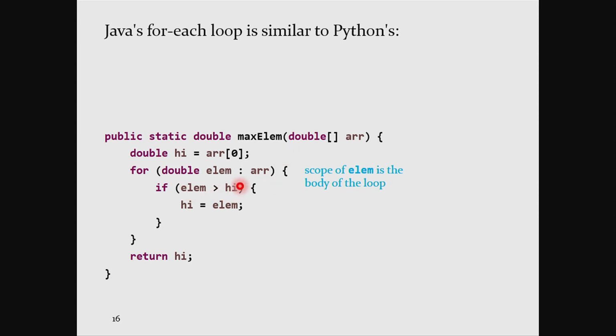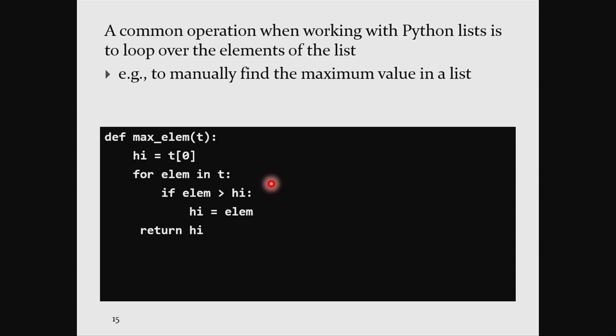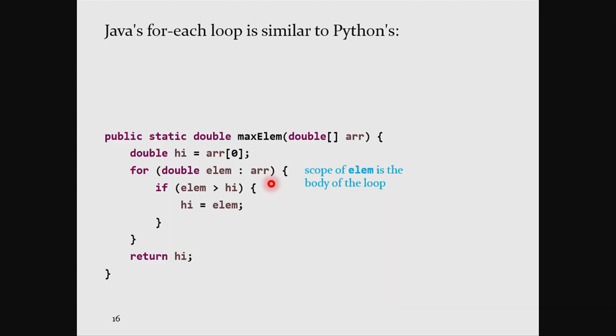And then for every element in the array, that's how you write the for loop on the previous slide. For each element in T, that's how you write it in Java. It starts with for. You must have the round brackets, you need the parentheses. You need a variable here, so elem.